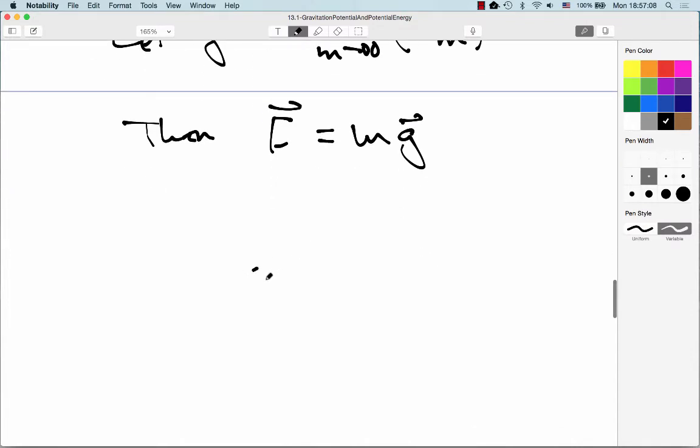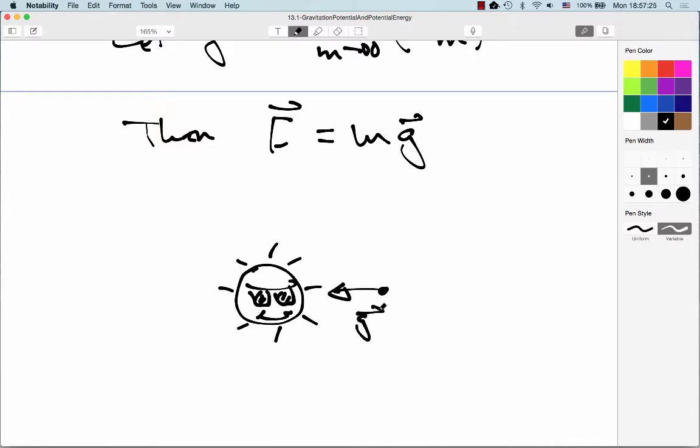So for instance, if this is the sun right here, if I'm here, the gravitational field intensity would be rather large. If I'm out there, it'll be rather weak.